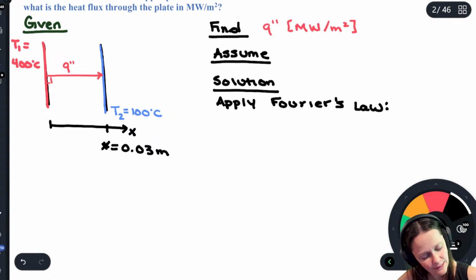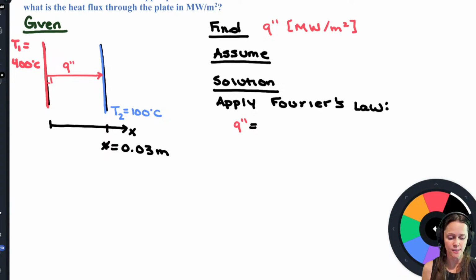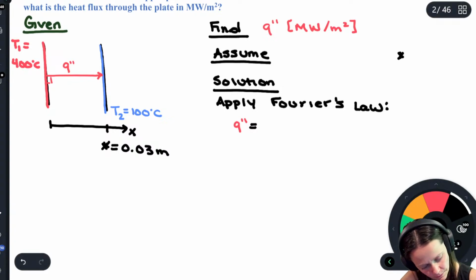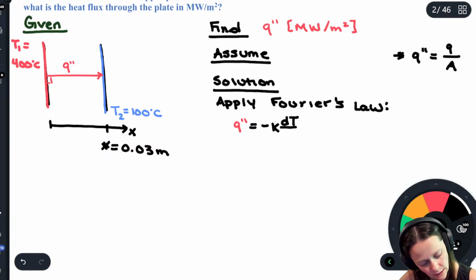So I have Q double prime. And remember, Fourier's law was negative k A dT/dx, and that's equal to Q. This is heat flux, so I won't have that A, because heat flux is Q over area. So that's negative k dT/dx.